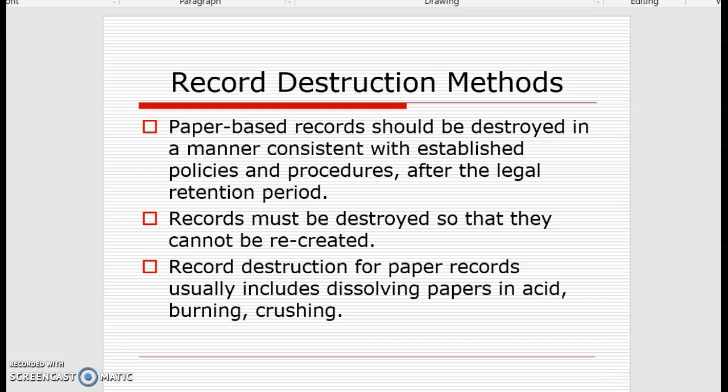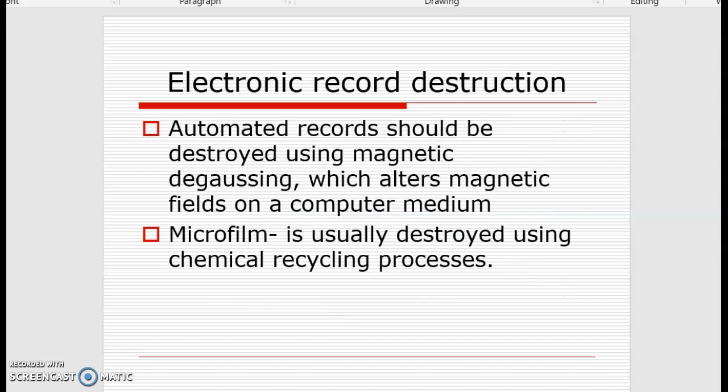Records must be destroyed so that they cannot be recreated. Destruction for paper records usually involves dissolving the papers in acid, possibly burning them, or crushing them. Electronic destruction is going to be by magnetic degaussing, which alters the fields on the computer. Microfilm is probably going to have to be chemically destroyed.